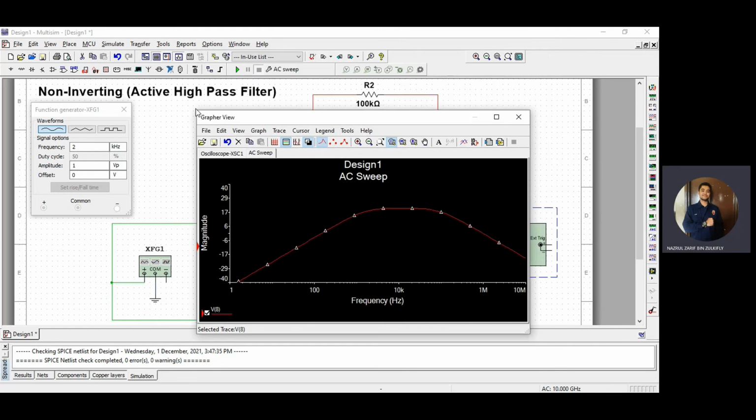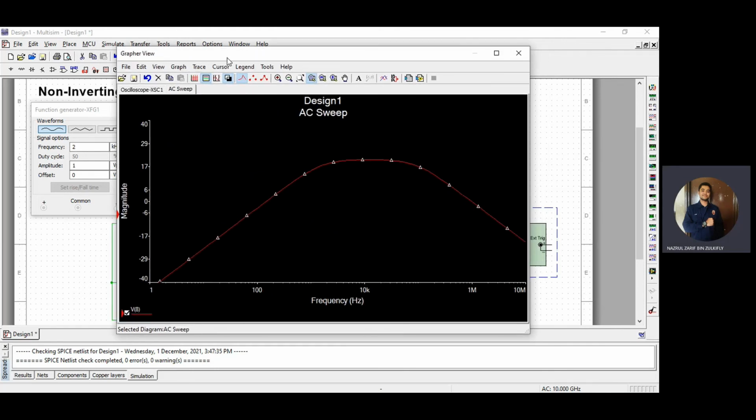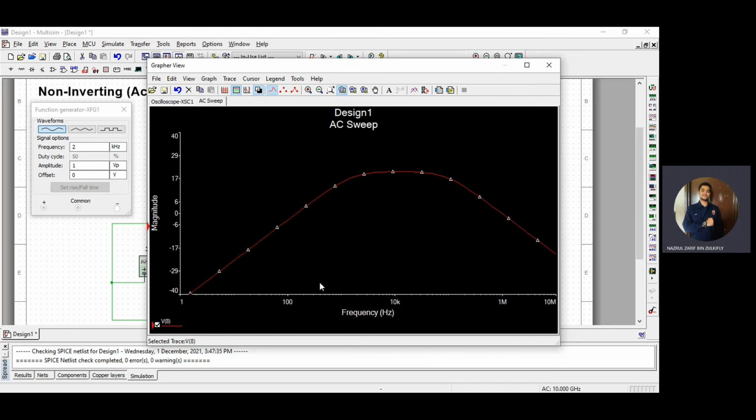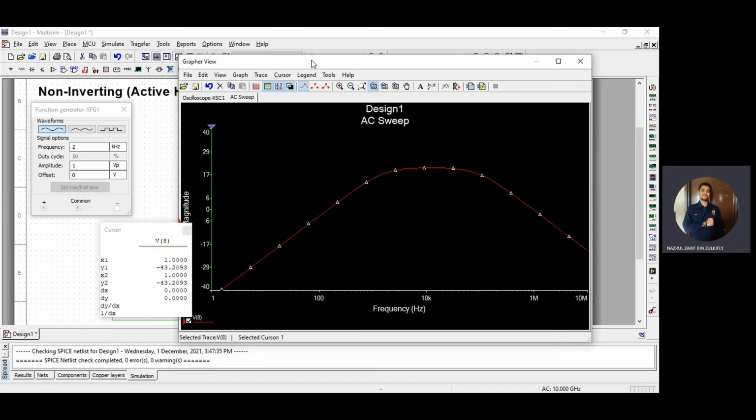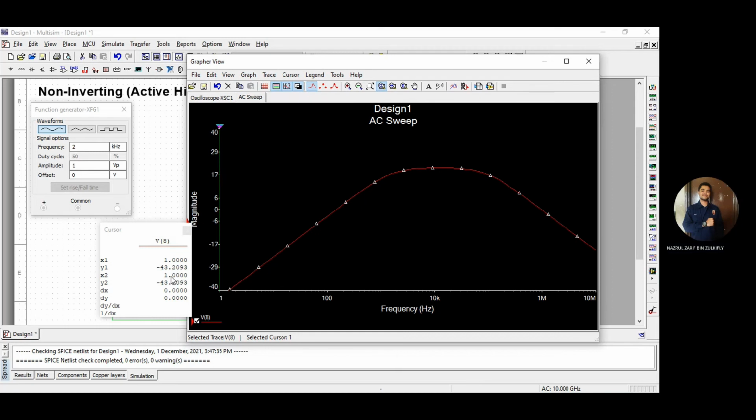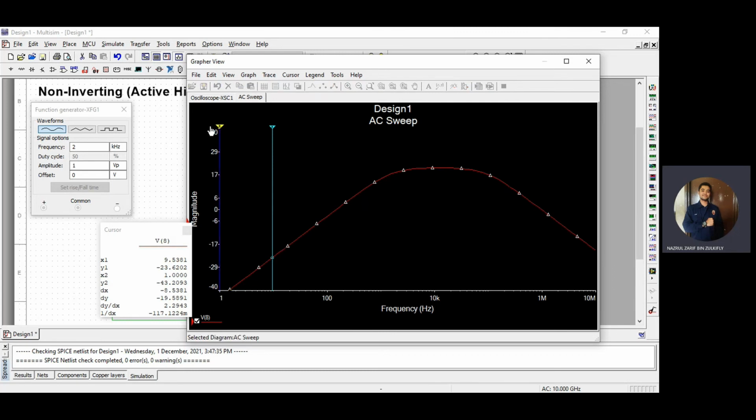So this is the frequency response for this non-inverting active high pass filter. It is the magnitude in decibel on the y-axis versus frequency on the x-axis. Earlier we calculated the cutoff frequency as 1.59 kilohertz. Okay, now focus on the x-axis for the cursor one, which is x1.